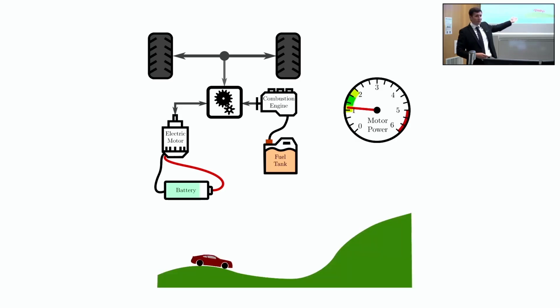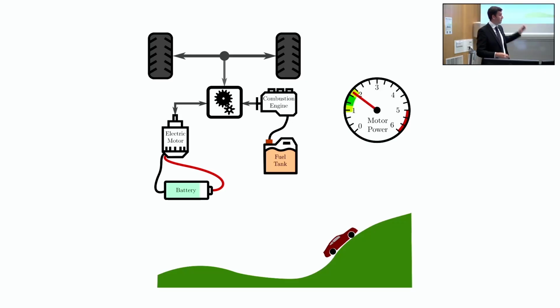So let's say we're driving along this flat piece of road, and our motor is producing less power than it would at its peak efficiency. And well, we can't really do much about it if our road is just flat. But if we get to a hill later, we're in the opposite scenario. We now need more power than the motor can produce at its peak efficiency.